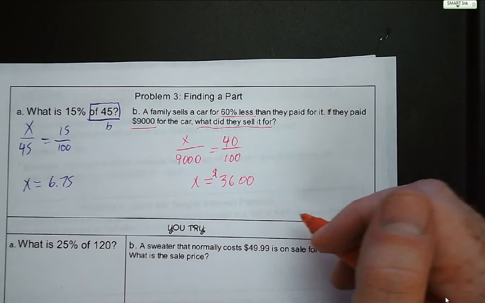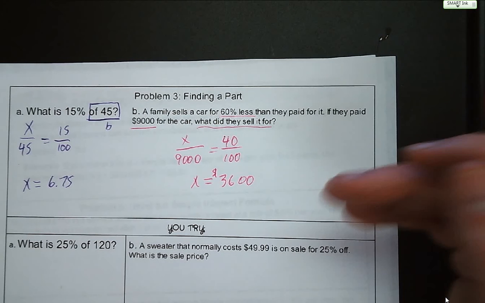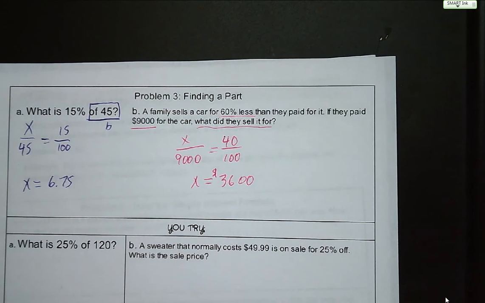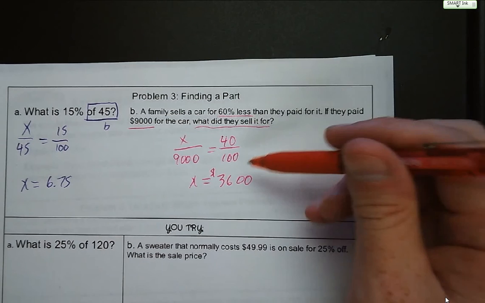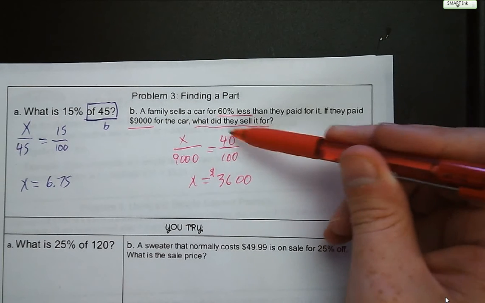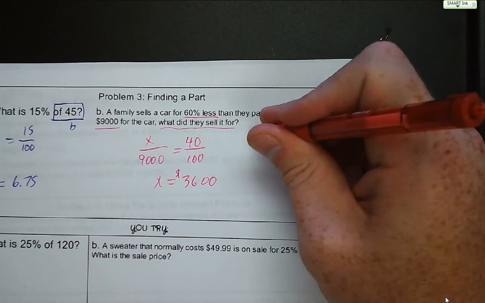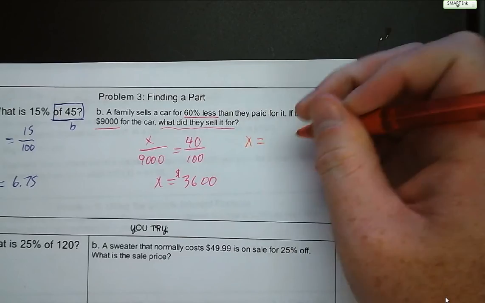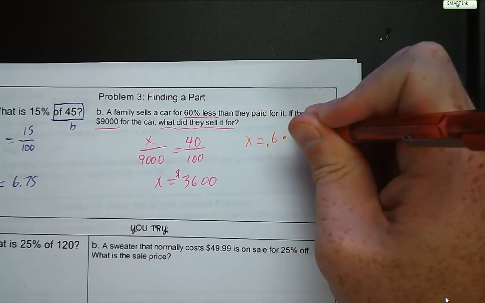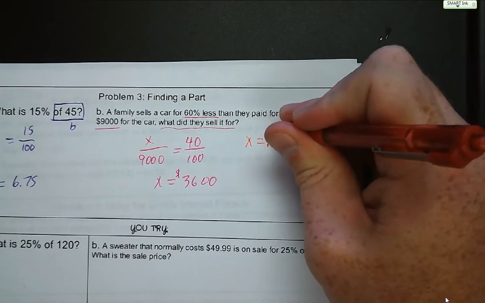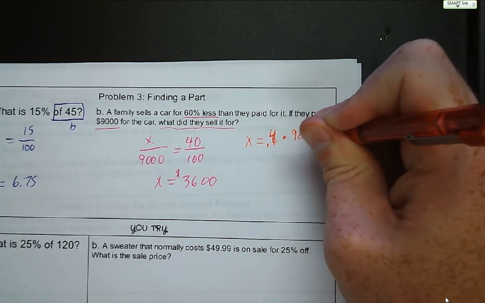Another way you could solve this problem would be solve it for 60% and then deduct that or take that away from our original price. What I personally like to do is I like to skip that step entirely and just go with what's left. Now I said we could do this as a percent equation, so we don't know what our part is, and it's equal to 0.4 times 9,000.